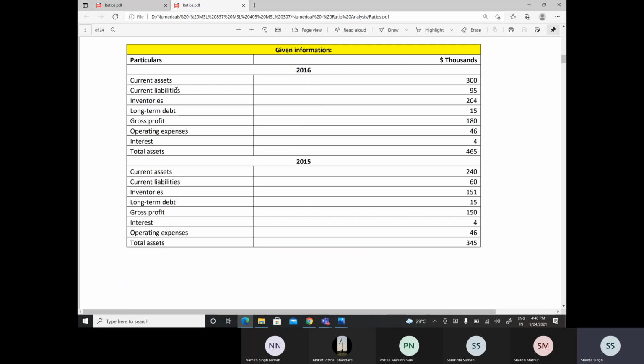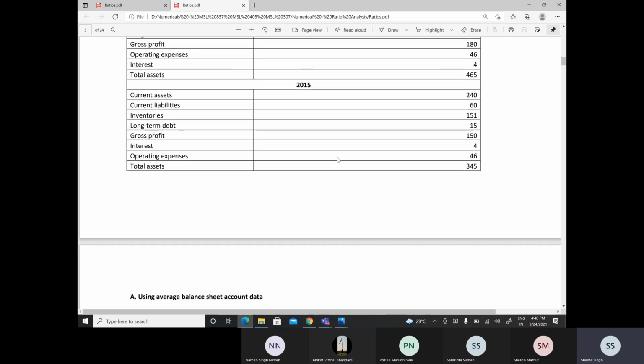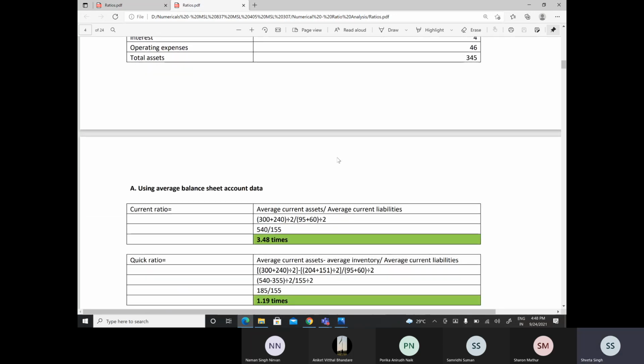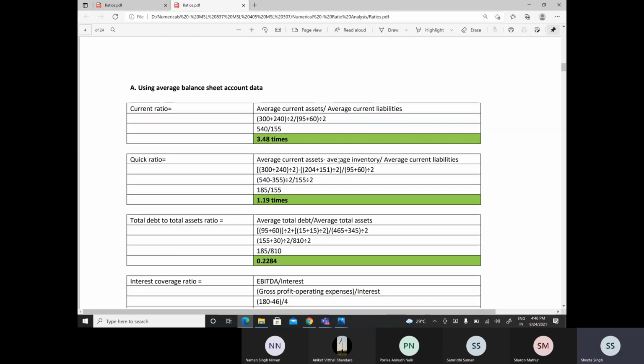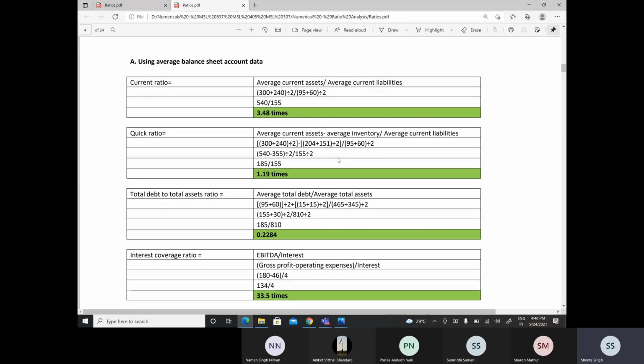For 2016, the current assets were 300, current liabilities were 95, inventories were 204, the long-term debt was 15, the gross profit was 180, operating expenses were 46, interest was 4, and the total assets were 465. And similarly for 2015, again we have collated this information. Now, based on this information, we have to calculate the following ratios.